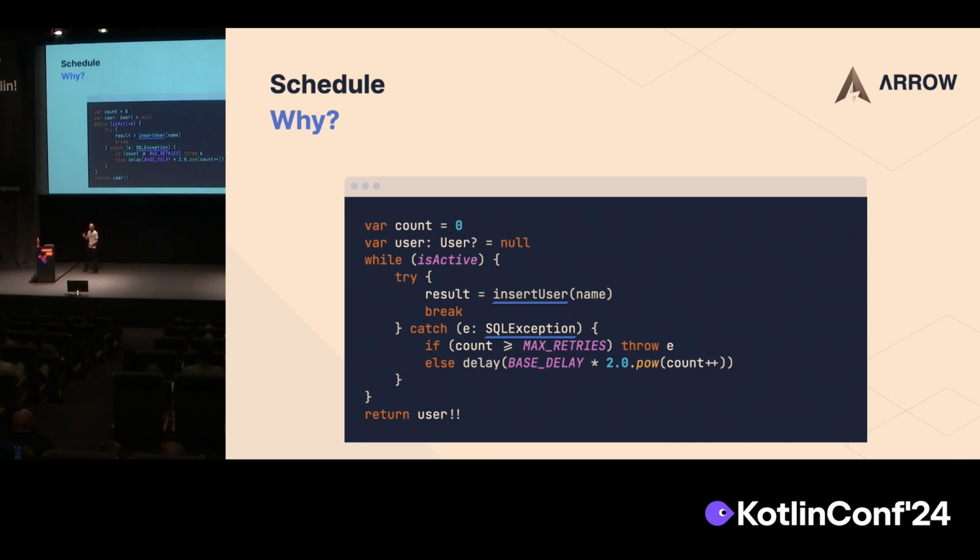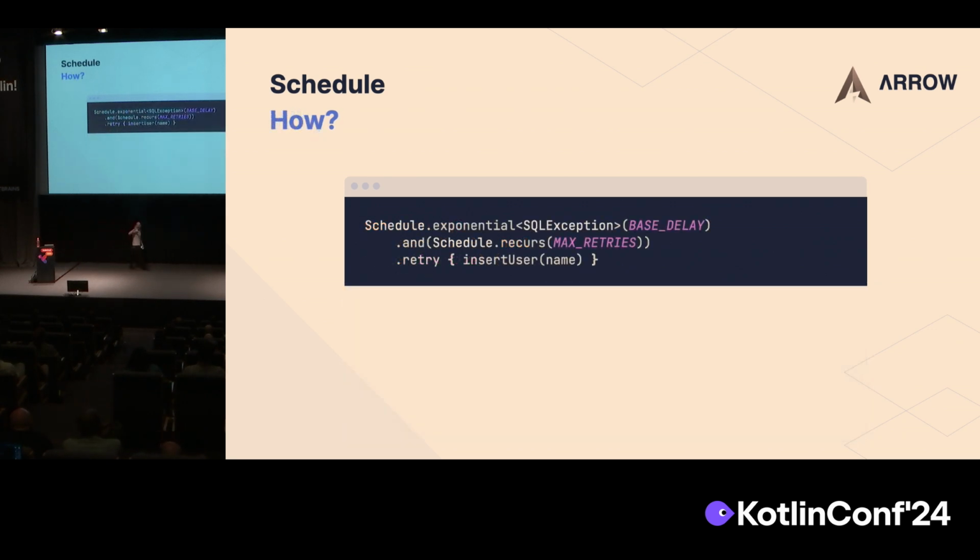And this code is quite complex, right? We can see we have multiple mutable variables, we have a non-null cast unsafely at the bottom, we have an infinite while loop, we have breakpoints. It's in general quite complex to read. The only thing that we really cared about is our insert user function and catching an SQL exception and attempting to retry.